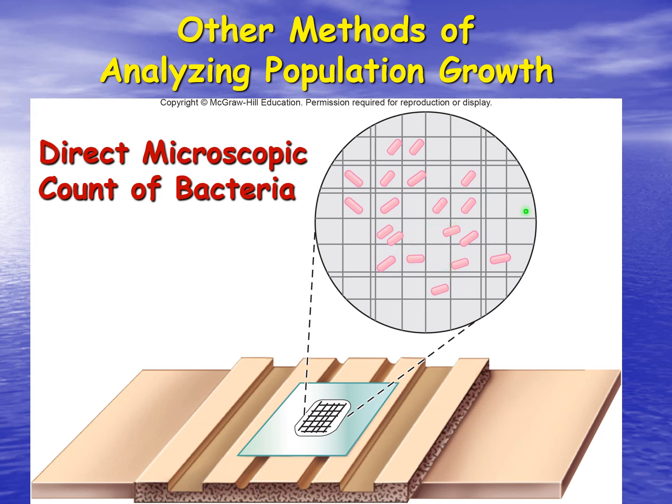Then I'll go to the next large square and count how many are in that. After I've counted all 25 squares, I will take the median of that, and then, applying mathematical equations, I can get a very close estimate of the actual numbers within the entire volume I started with, because we have a pre-measured volume that sits on this grid.